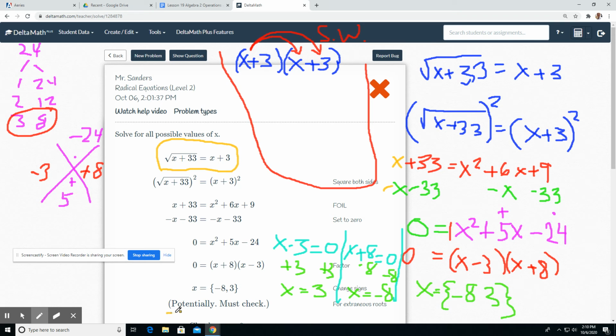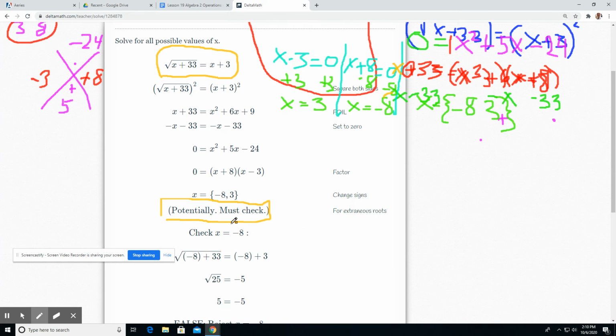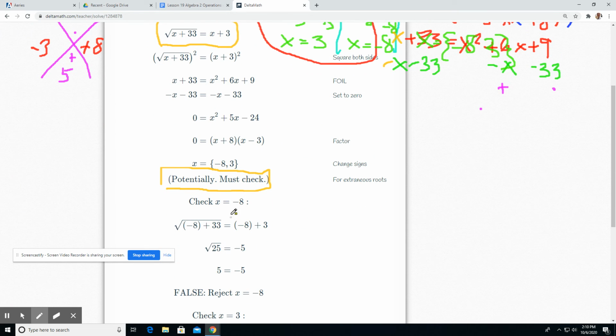Oh, it says we must check them, so we have to check our solutions to see which ones work. Are there any that are not contained in the domain? It looks okay on my side. So if I put a 3 in here, oh, okay, we must check.